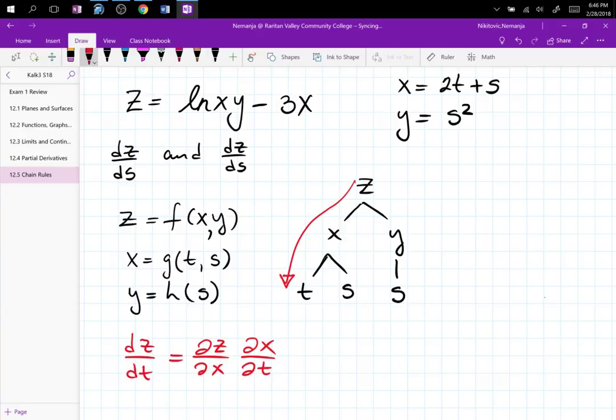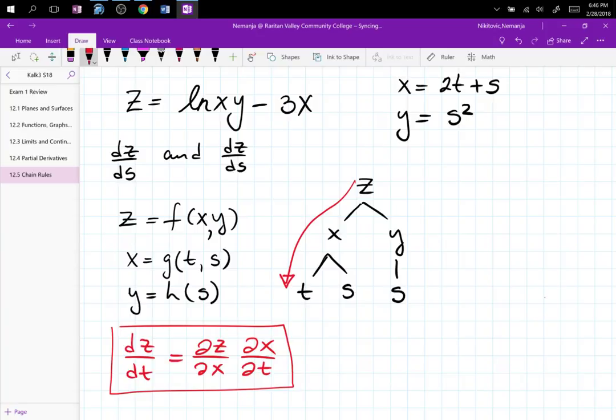And that's it. There's nothing else for this particular formula, because it's only one branch which starts at z and ends in t. Are we agreeing on this?